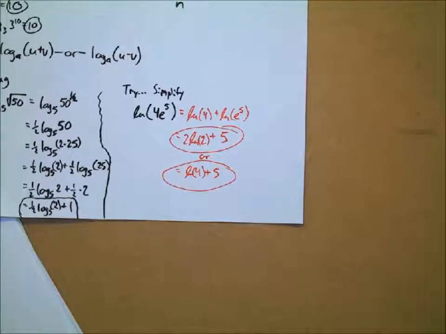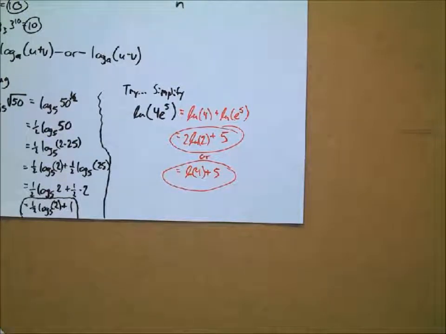So I won't argue if you put either one of those there. All right. Questions on any of this though? This is us trying to evaluate as best we can. Of course it's the best we can do because natural log 4 isn't a nice number, but we get something at least.